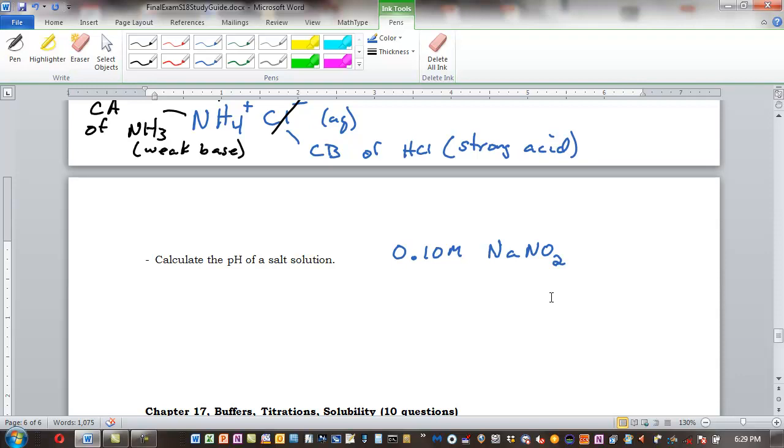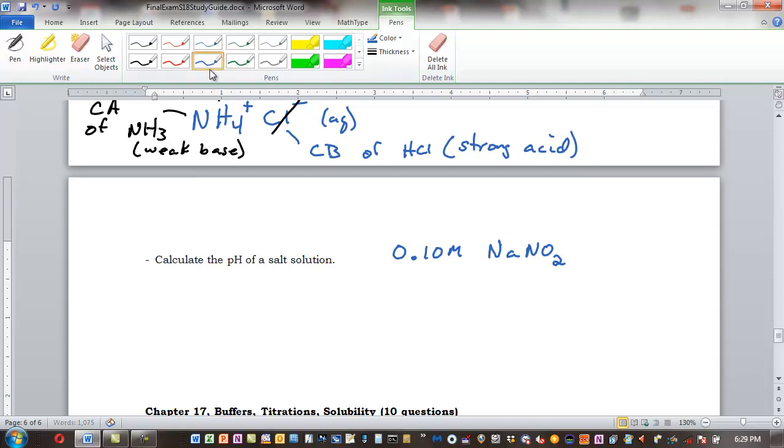So what's going to affect the pH of the solution? NO2 minus. It scrolled off the screen, but look back in your notes. We determined that NO2 minus, as the conjugate base of a weak acid, was a weak base. Okay, so you have to do that part first.